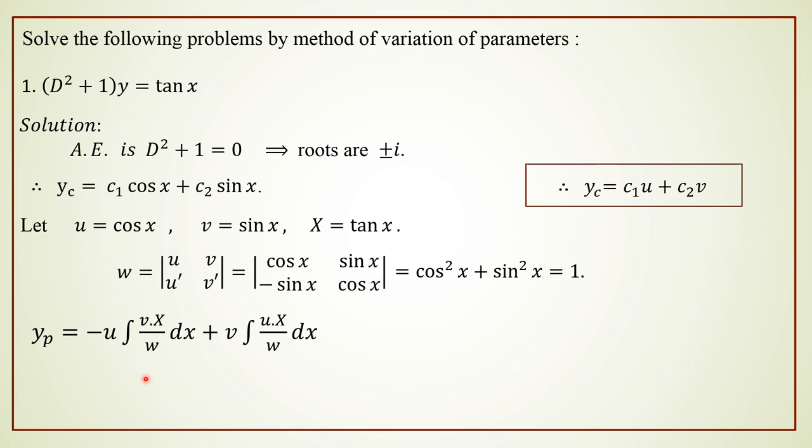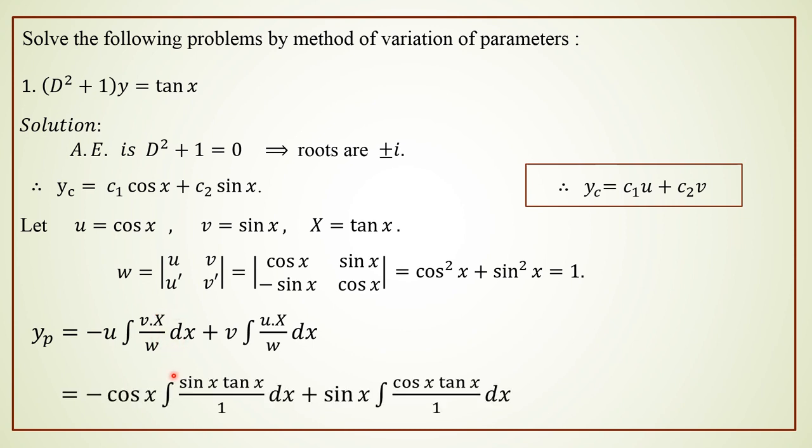So let me substitute u, v, capital X and the Wronskian in the above equation, so that the equation reduces to the form minus cos x integration of v is sin x, X is tan x, divided by the Wronskian, that is 1, with respect to x, plus sin x into u is cos x, capital X over here is tan x, divided by the Wronskian, and the integration is with respect to x.